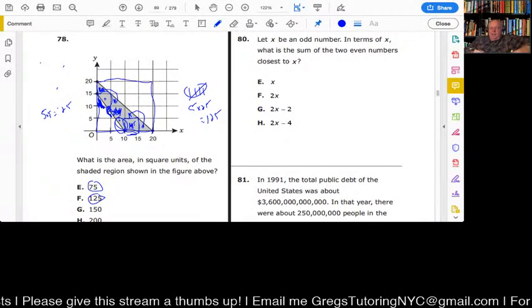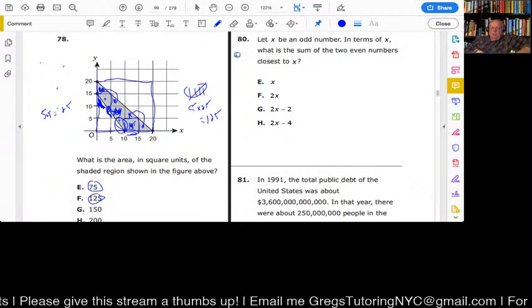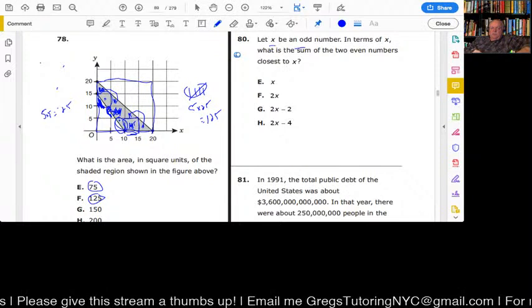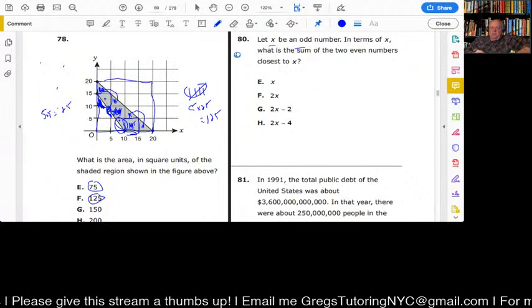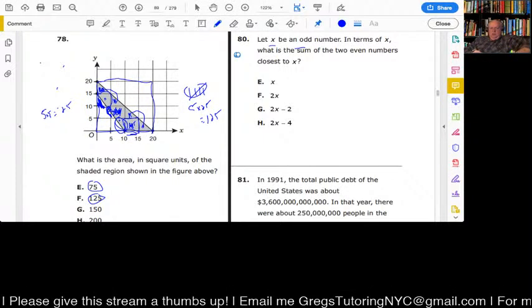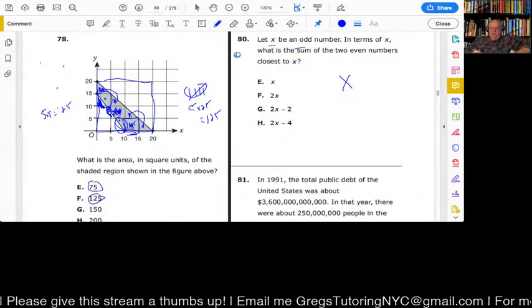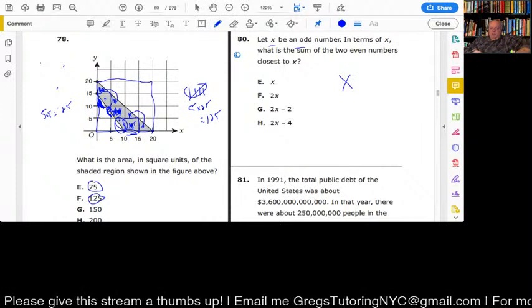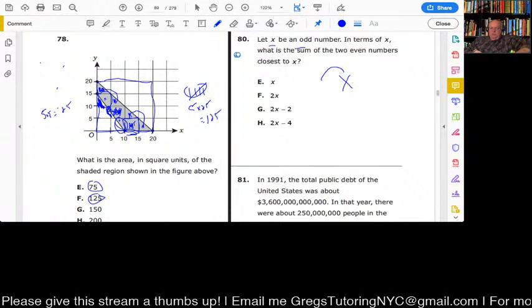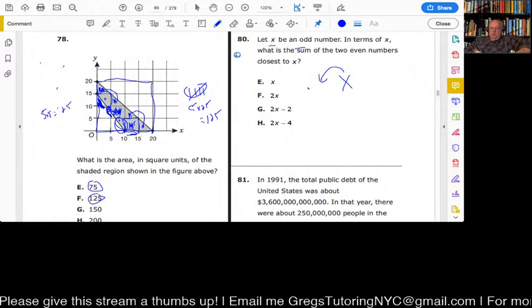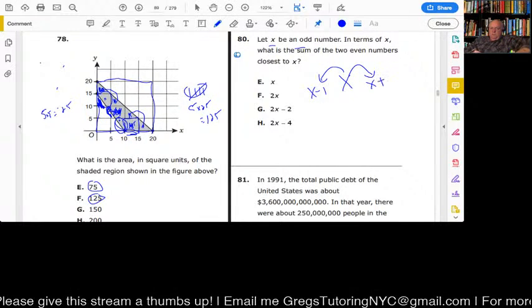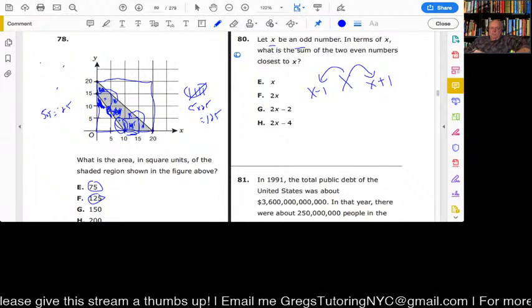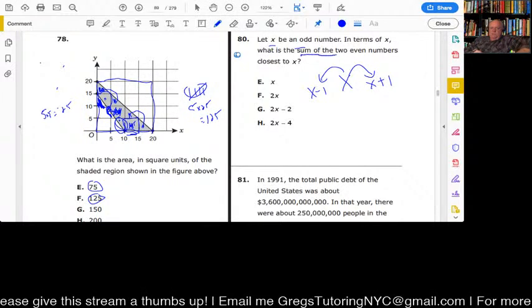Okay, let x be an odd number. X is odd. In terms of x, what is the sum of the 2 even numbers closest to x? Well, if this is a number x, the 2 numbers closest to it would be the one just before it and the one right after it. So it says, what is the sum of them?